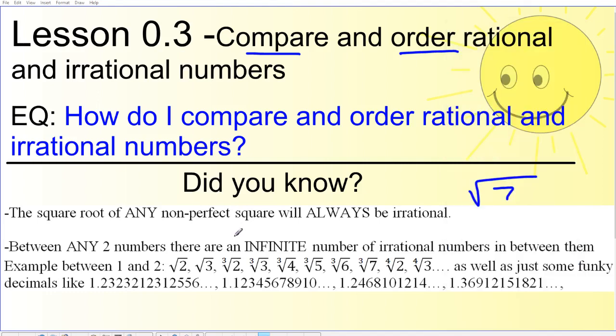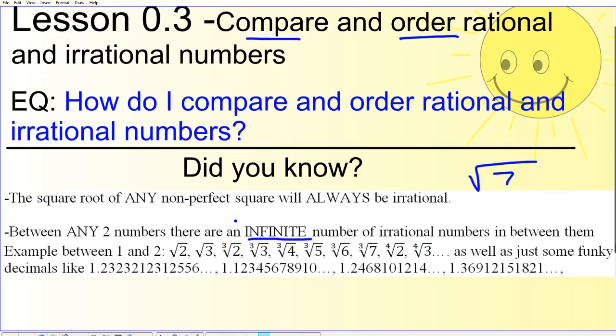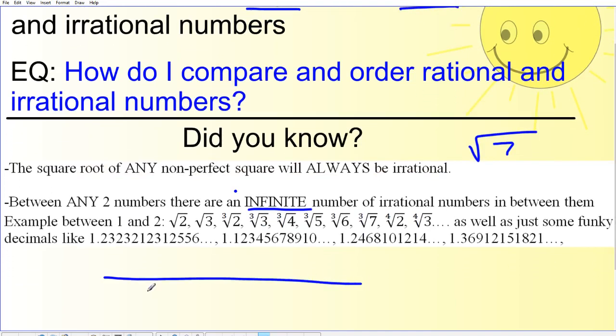It goes on to say that between any two numbers, there is actually an infinite number of irrational numbers in between them. So, for example, between just the numbers 1 and 2, if you look at 1 and 2 on a number line, you have the square root of 2, square root of 3, the cube root of 5, cube root of 6, cube root of 7, the fourth root of 2, like all of these are different decimals.